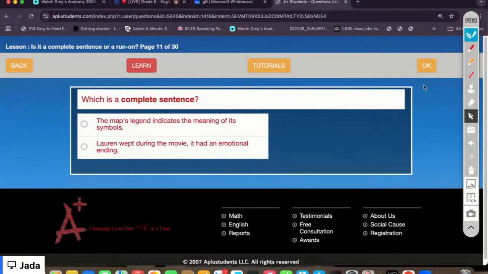The map's legend indicates the meaning of its symbols. Lauren wept during the movie. It had an emotional ending. So, what's the complete sentence for this particular one?